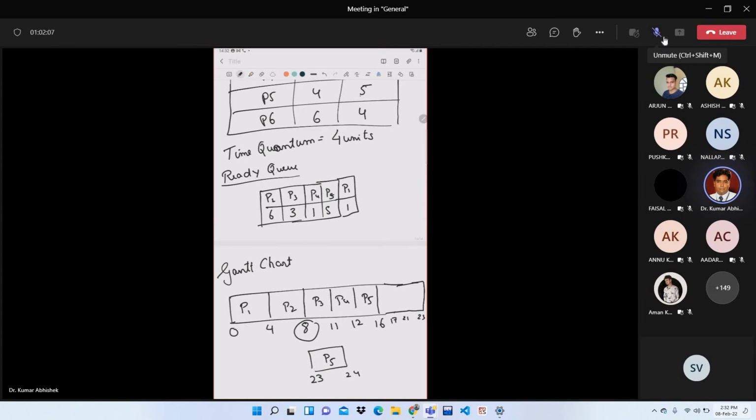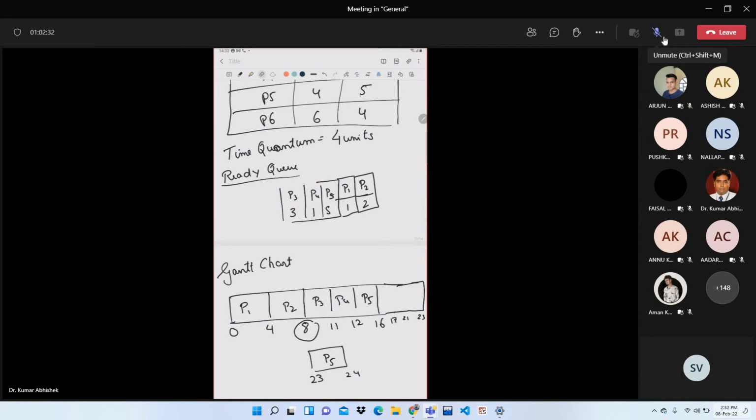Yes or no? At time 8, P2 is not yet finished and it requires 2 more units. So we will have P3, P4, P5, P1, and P2 will move to the ready state. Again, it will be pushed to the last of the queue, like this. And this goes on.